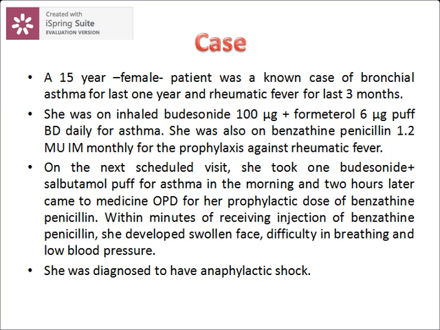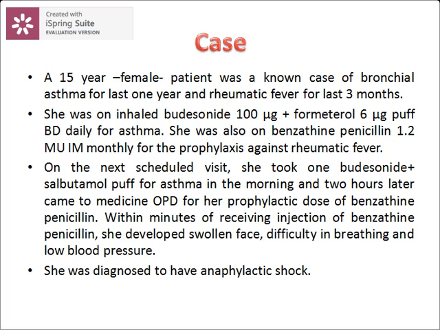We will understand with one hypothetical case scenario. A 15-year-old female patient was a known case of bronchial asthma for the last 1 year and rheumatic fever for the last 3 months. She was on inhaled budesonide plus formoterol puff twice daily for asthma. She was also on benzathine penicillin monthly prophylaxis against rheumatic fever.